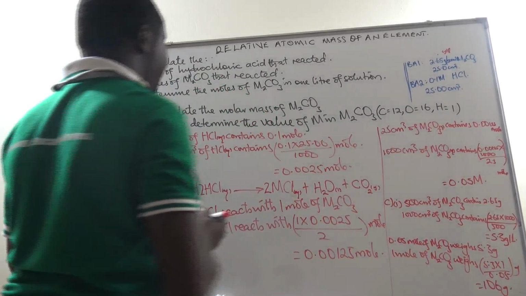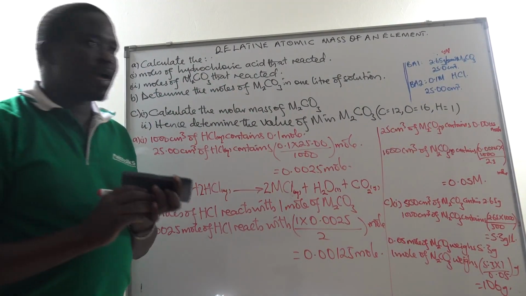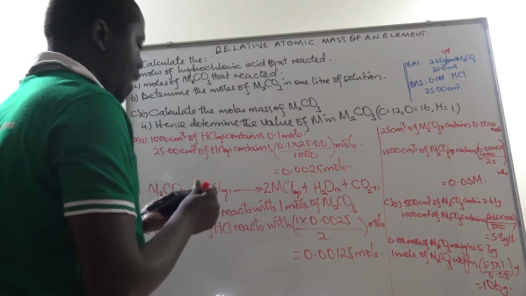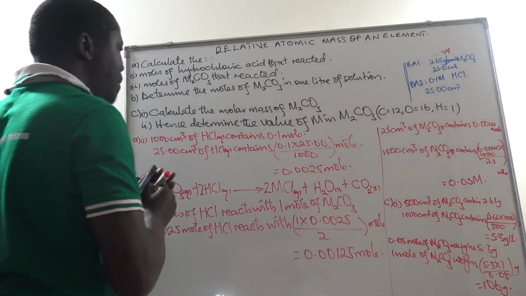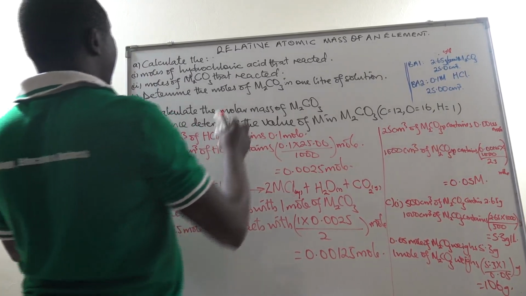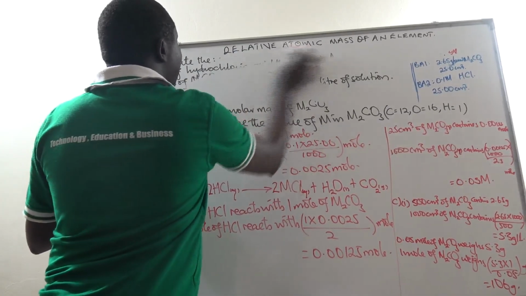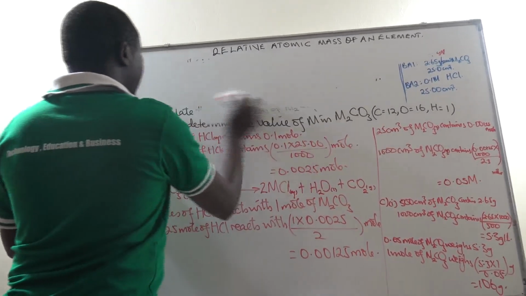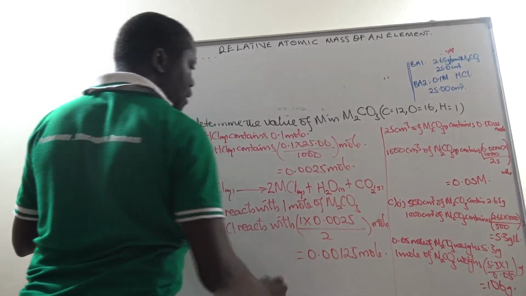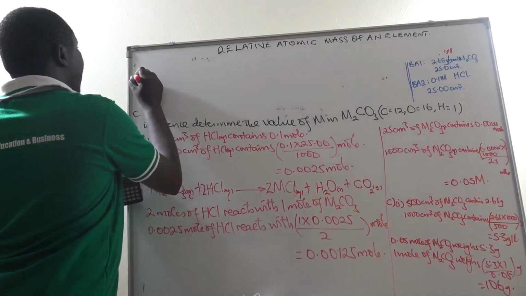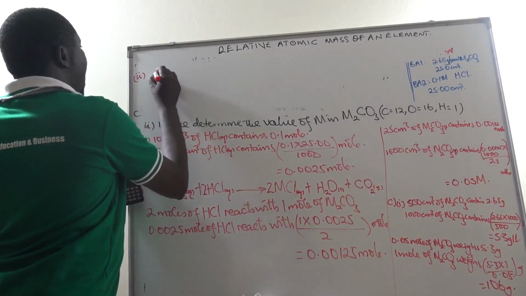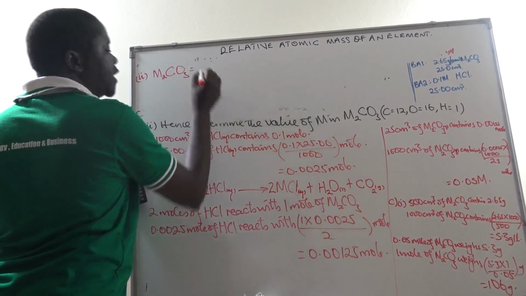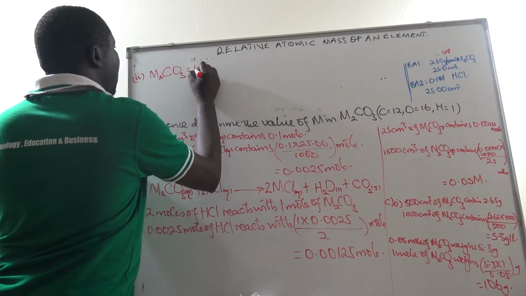And finally, let us look at the relative atomic mass of this element, M. That is the value of M in that compound M2 carbonate. Let me use this part here finally, that is our Roman 2. We use this part, Roman 2, and we shall have to equate the whole of M2 carbonate to the mass of 1 mole, which is 106.